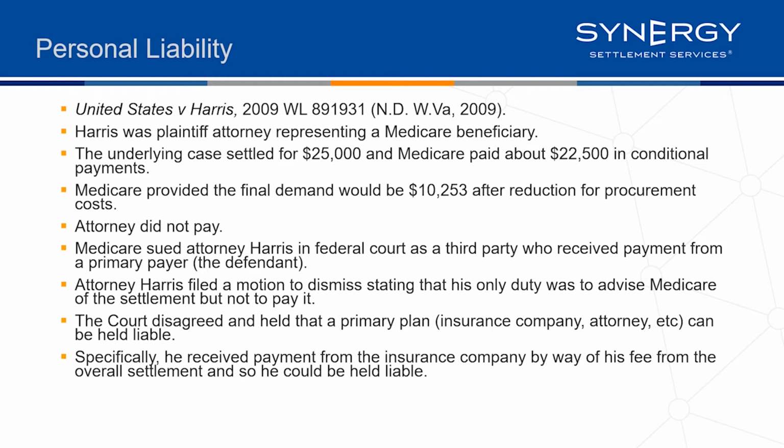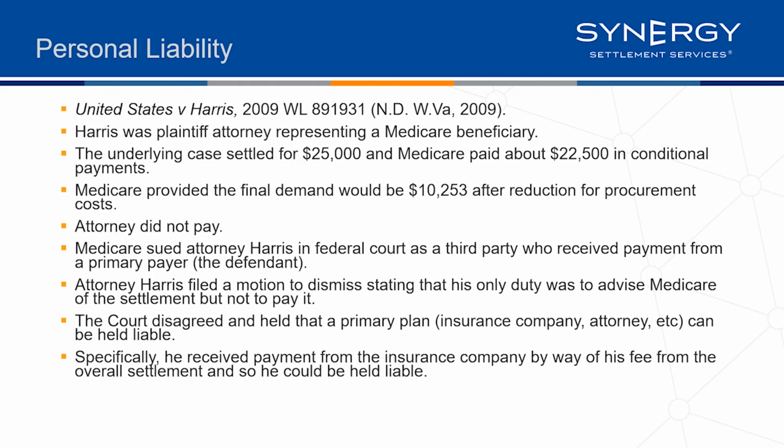Medicare had made conditional payments in the area of $22,500. After Medicare was notified of the settlement and the reduction for procurement costs was applied, Medicare issued a final demand seeking $10,253. For whatever reason, the attorney did not pay and his client did not pay.